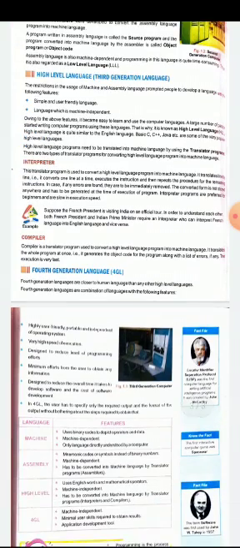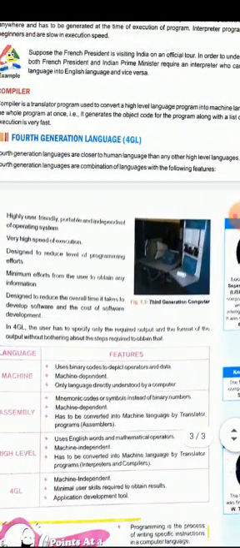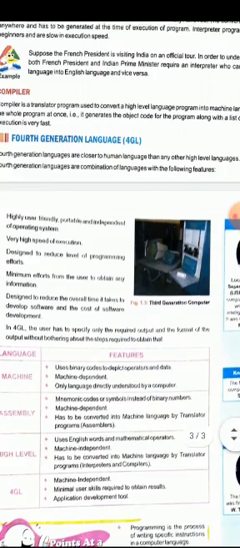Next, fourth generation language. Fourth generation language is somewhat close to the human language. It has some good features. This is highly user friendly, portable and independent of operating system.